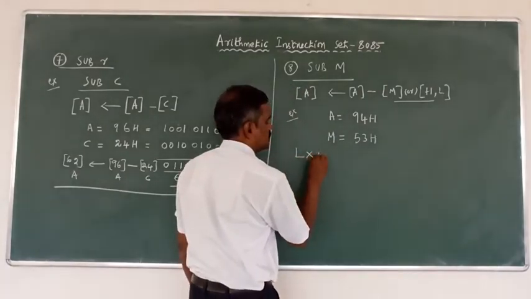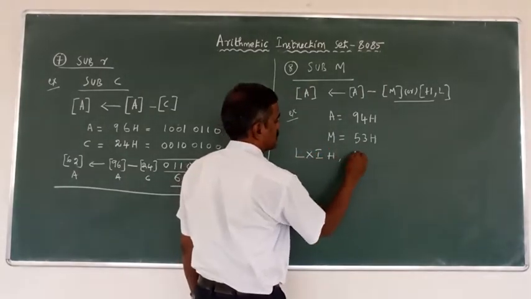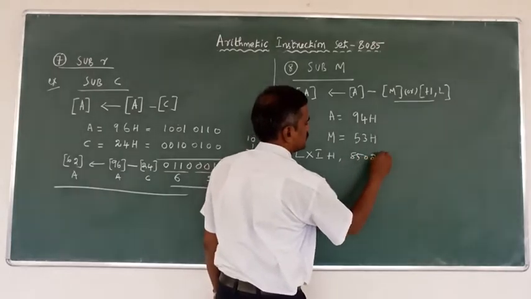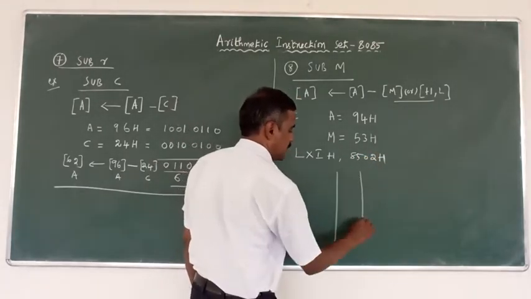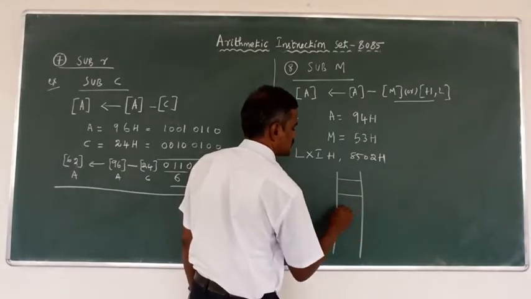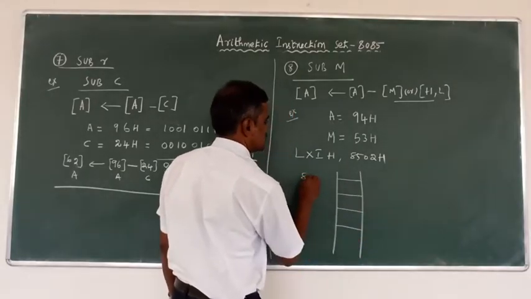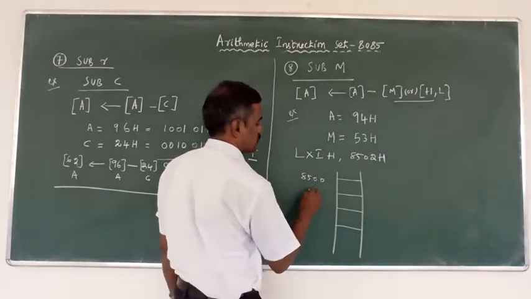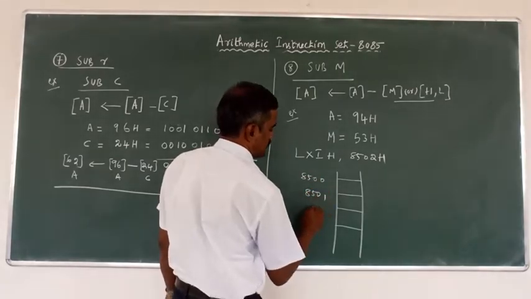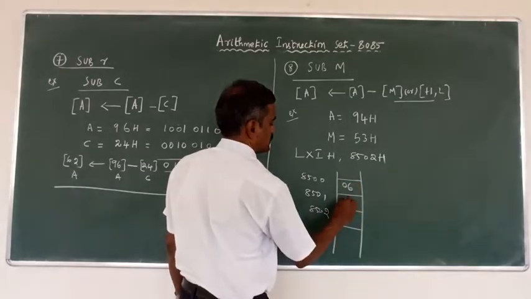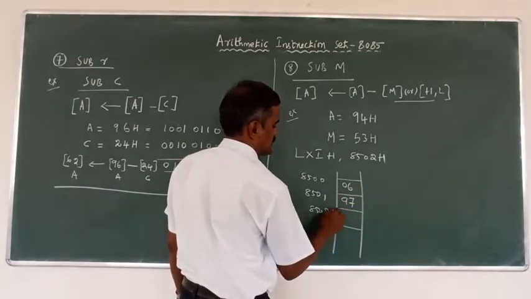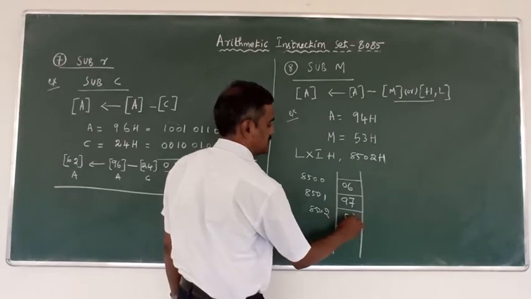For that, you can use LXI H, 8502H. 8502H is the memory address location. Okay. Start with 8500, 8501, and 8502. This is for 06, this is for 97, and 8502 holds 53.